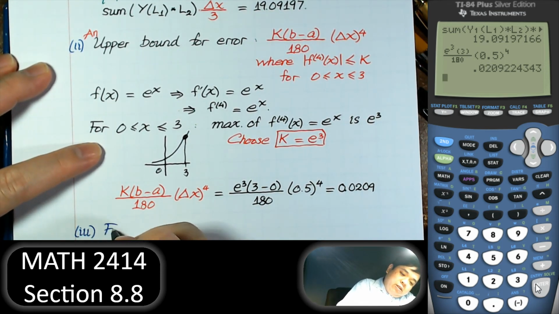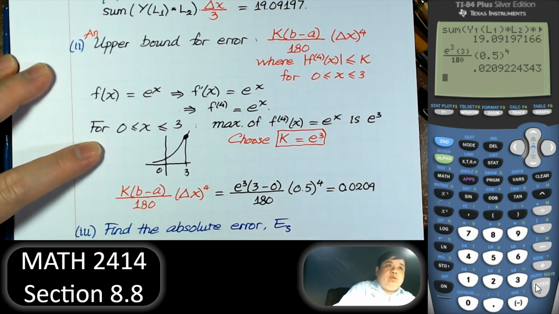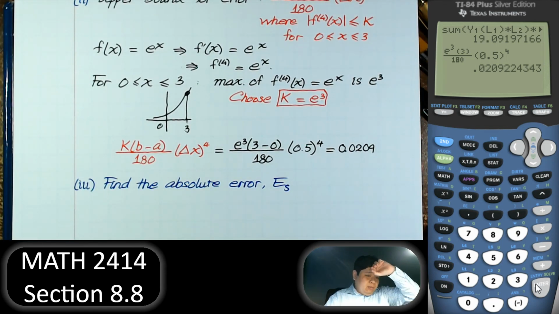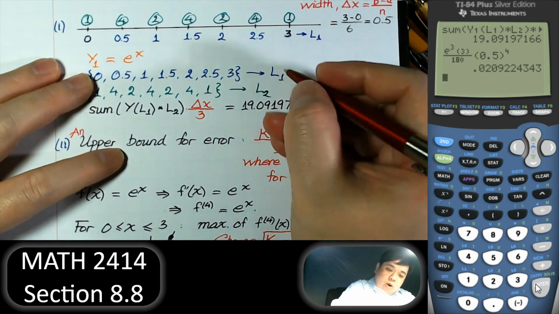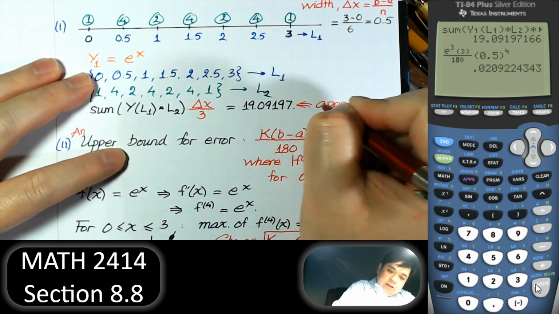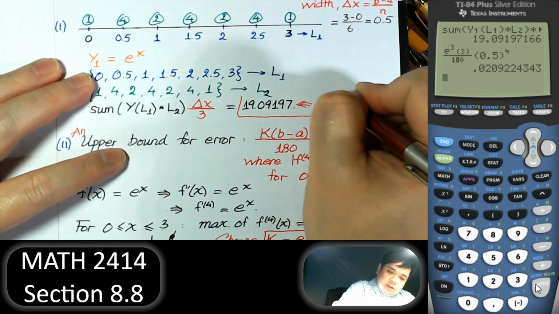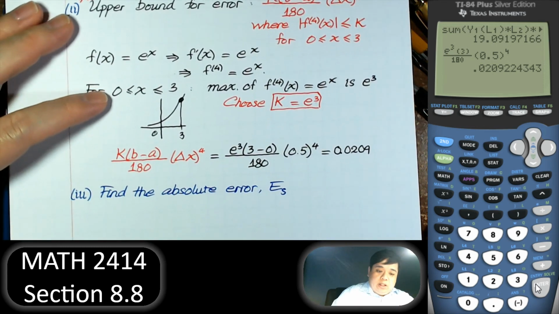So number 3, find the absolute error using Simpson's rule, so E_S. So it's easy. We have this one is an approximation. The actual value we can just put in the calculator. So we subtract.